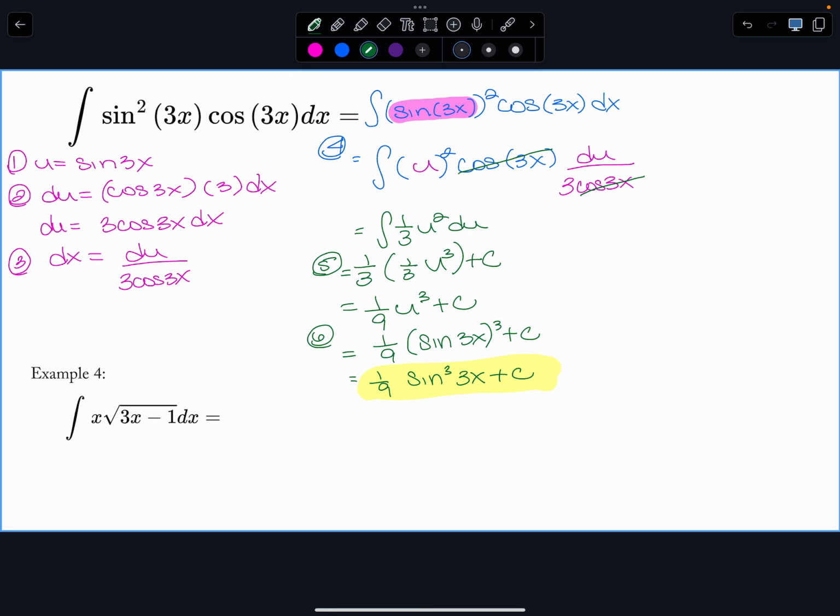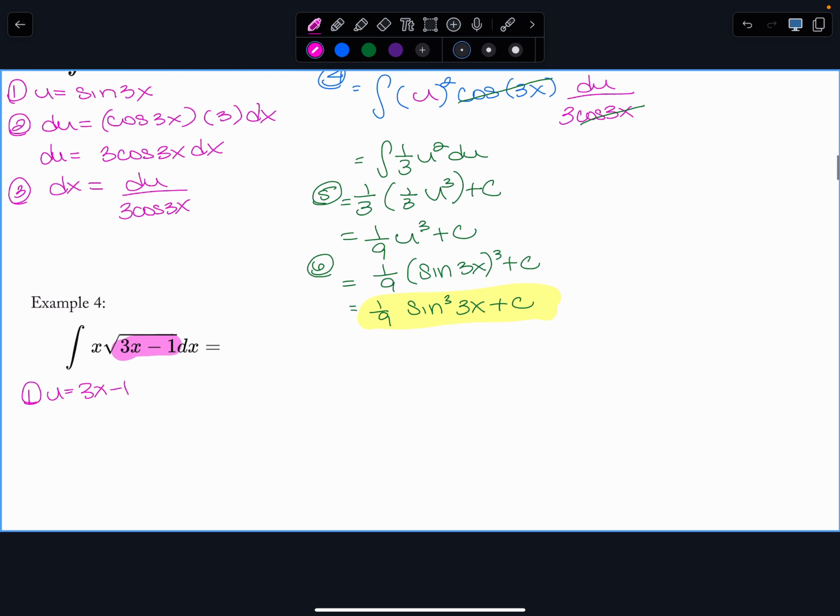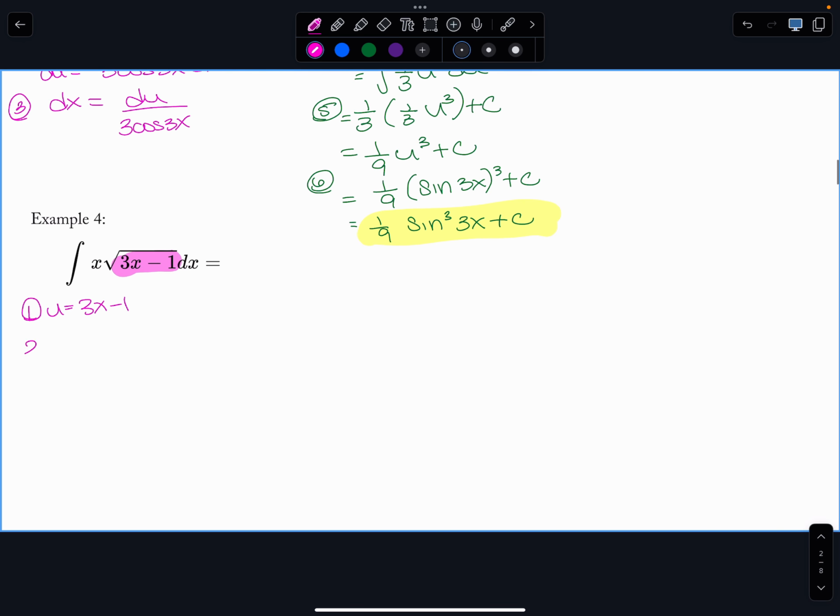Okay, so if I look here, and this is what Nahal was talking about, it doesn't cancel out, right? So I'm going to let u be equal to my inside function. That's always the rule. Let u be equal to the inside. When I take my derivative, du is equal to 3 dx. So then dx is du over 3.